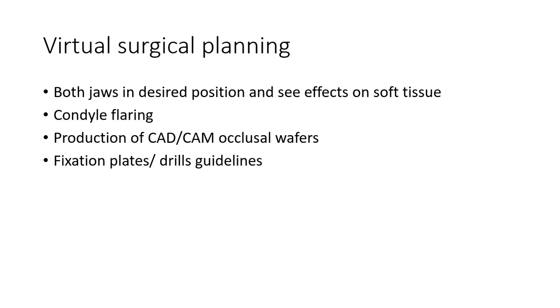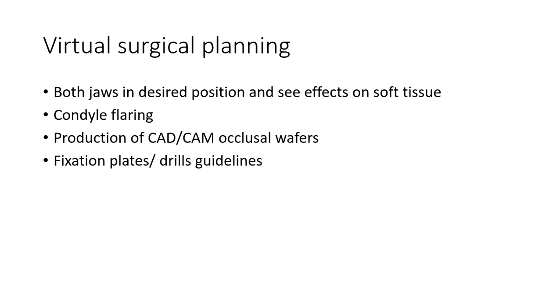Visual surgical planning is very important because it brings the jaws into the desired position before surgery, and we can see the effects on the soft tissue and condyles, so the desired effects can be obtained before surgery.